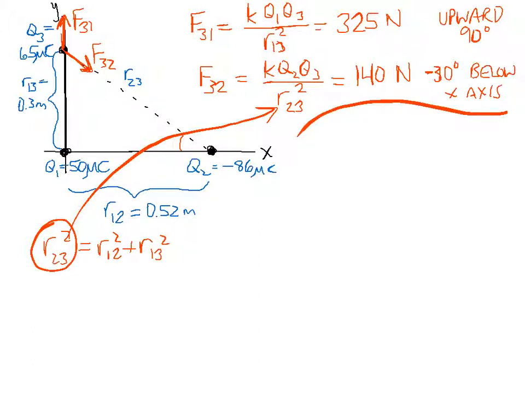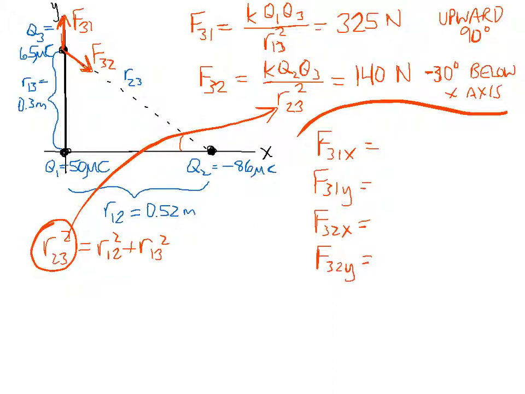So we're still in part A. We want to figure out the magnitude of that force now. So we have to break these vectors down into vector components. So we're going to take the F31 and get an x component and a y component. So F31x and F31y. And then we want to do the same thing with F32. We want to get an x component and a y component.